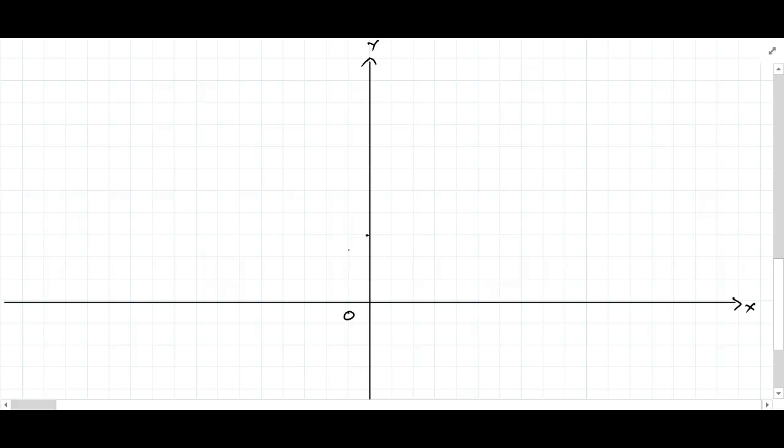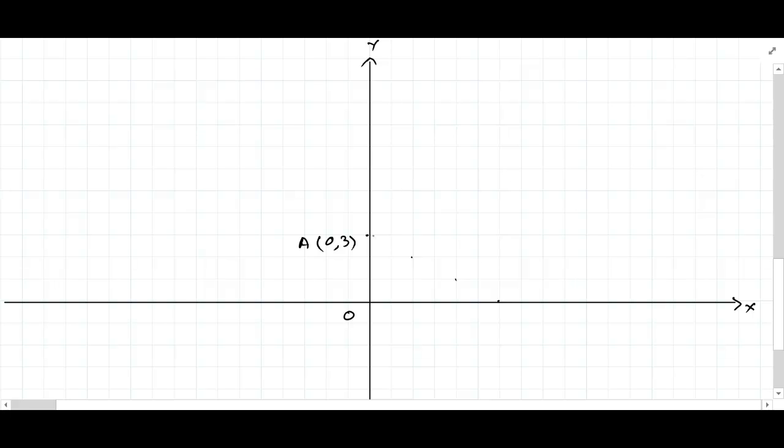So this is the point 0, 3, and the next point is 2, 2. 2, 2 is a point right here, and 4, 1 is a point right here, and 6, 0 is a point right here. So we have a few points.